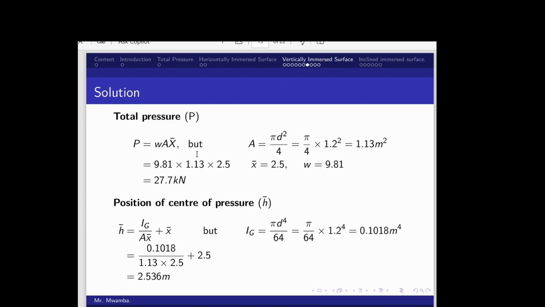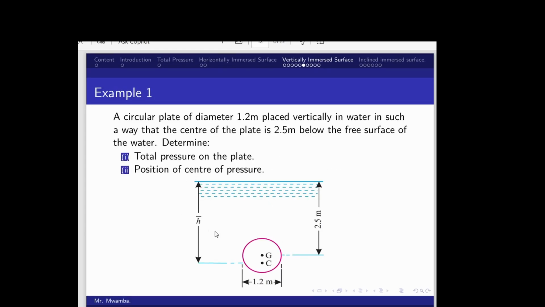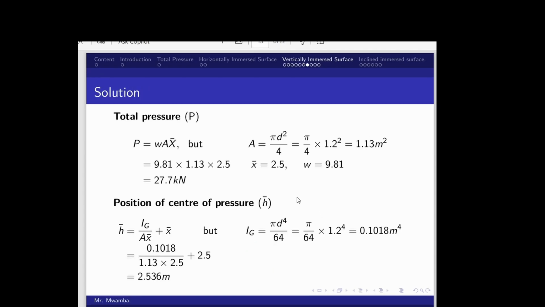Then the height, x bar, from the center of gravity to the free surface is given as 2.5 meters. And remember, the units must be uniform, must be in SI units. So 2.5 meters, substitute, and then evaluate, you get 27.7 kilonewtons.